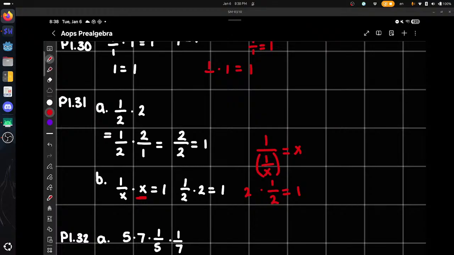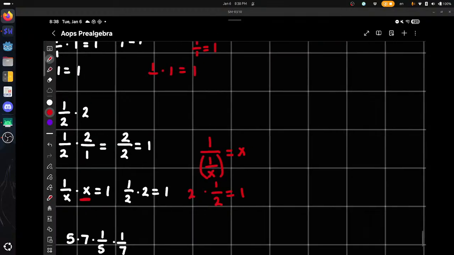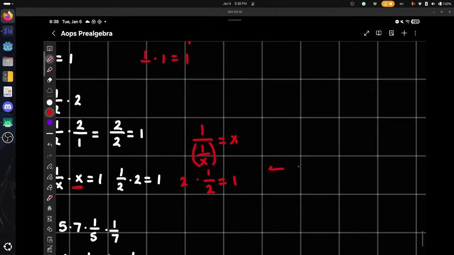Oh, wait, I think I see what they're doing. So they say that, but that number, by definition, is the reciprocal of 1 over 2. So the reciprocal of 1 over 2 is 2. And I think what they're getting at is, well, we have this blank number equals 1. There's supposed to be like a 1 over x or something.